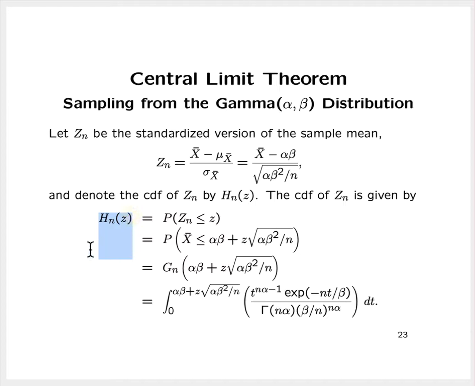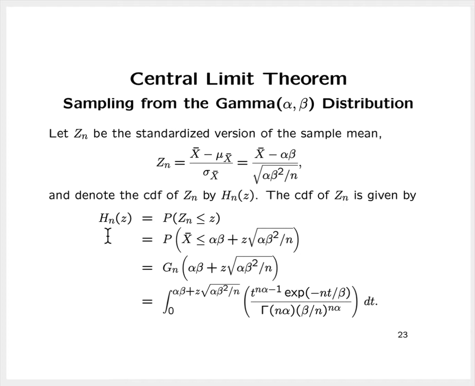Now let's think about the actual expression, if we can come up with it, for the true sampling distribution of Z sub n, so the CDF of Z sub n. By the way, we will be thinking in terms of the continuity points of this distribution, because this is a continuous distribution and there are no jump points.